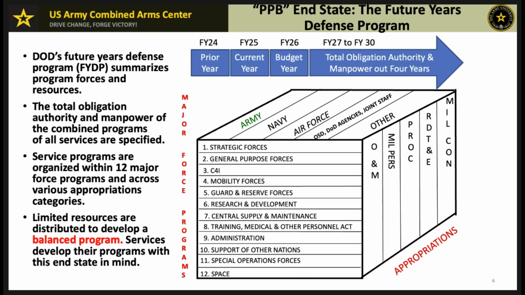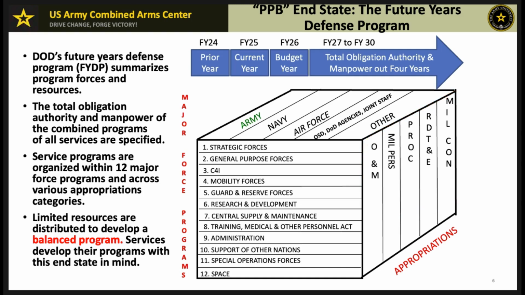The Future Years Defense Program, FYDP, is the DoD's long-term resource allocation plan. It outlines forces, personnel, and financial resources across all services and funding categories, including operations and maintenance, military personnel, procurement, RDT&E, and military construction.